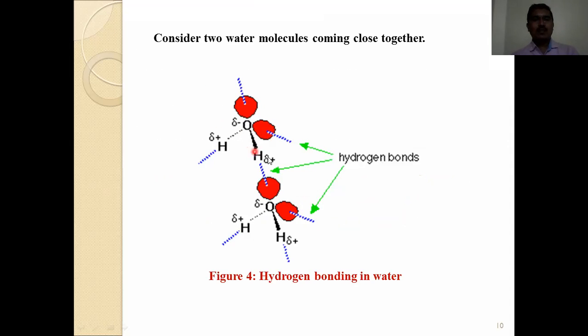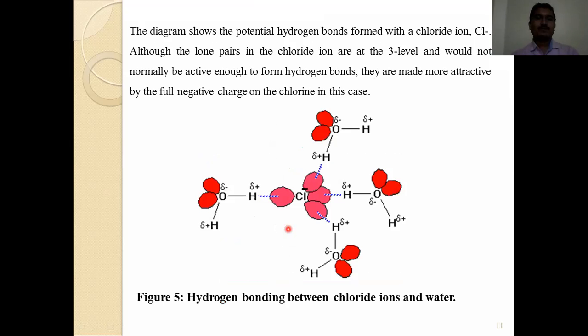Here we can see two water molecules. In these molecules, the hydrogen of the first molecule is interacting with the electronegative atom of another molecule, like oxygen, and this is called hydrogen bonding. Consider two water molecules coming close together and forming hydrogen bonding.